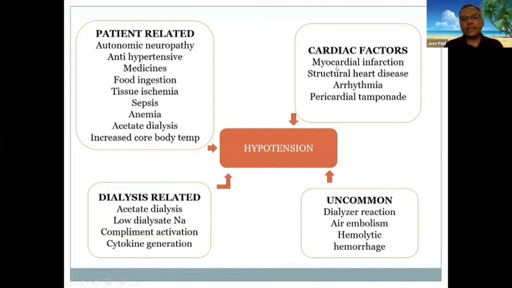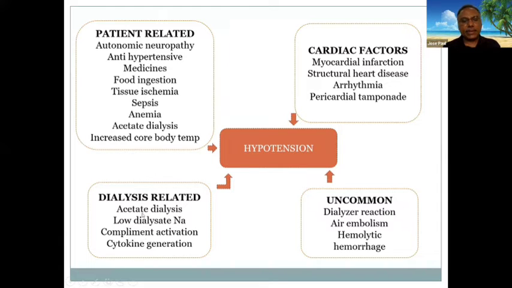Then cardiac factors include myocardial infarction, structural heart disease, arrhythmia, and pericardial tamponade. The last cause always has to be kept in mind, where the patient presents with sudden onset of dyspnea, and often you will not have much fluid overload, but a raised jugular venous pressure, and the patient will be having a tamponade. This is often an acute medical emergency and has to be identified and managed on an emergency basis.